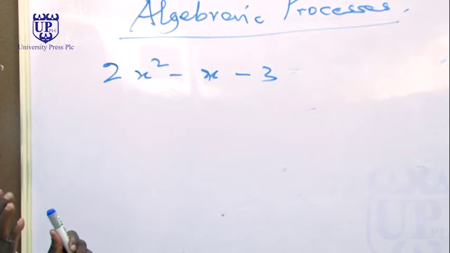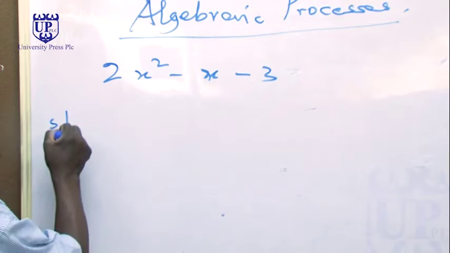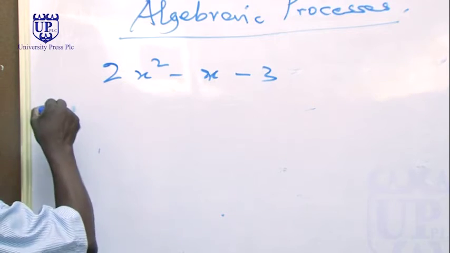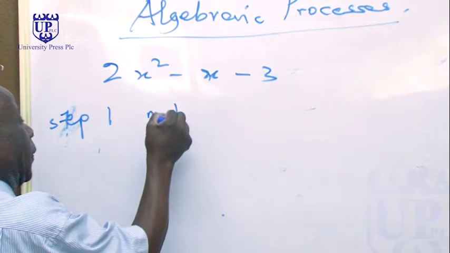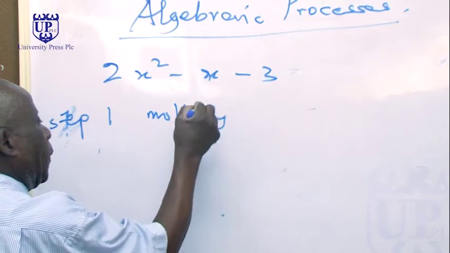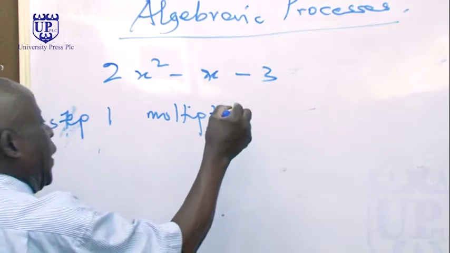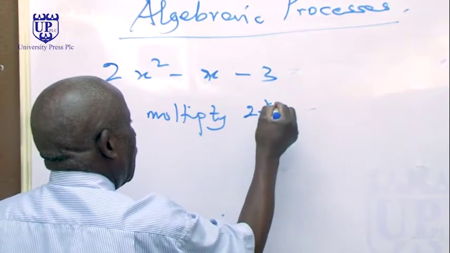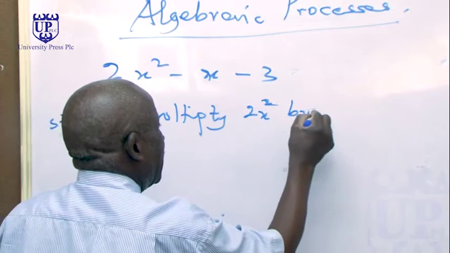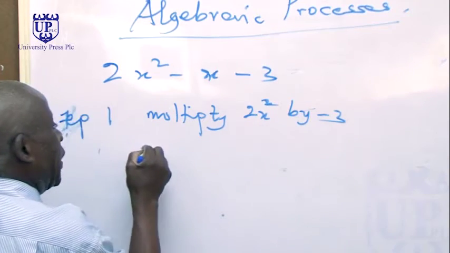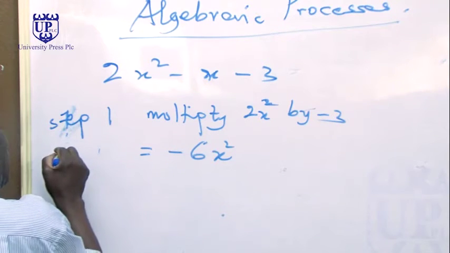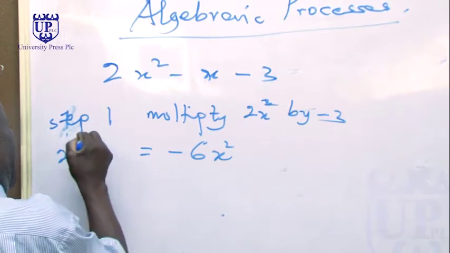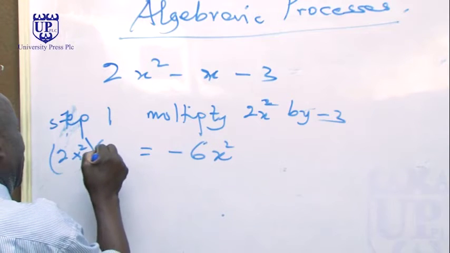The first step. Step 1: multiply 2x squared by minus 3. That one will give you minus 6x squared. That is 2x squared multiplied by minus 3.